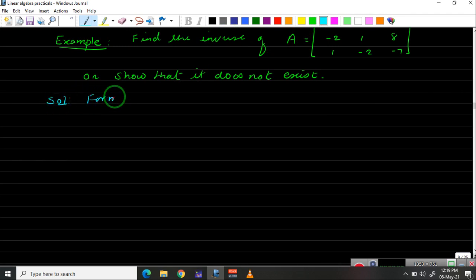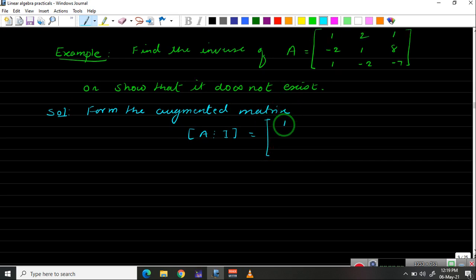We form the augmented matrix. What is my augmented matrix? [A | I]. And this will be matrix A: 1 2 1, -2 1 8, and 1 -2 -7.